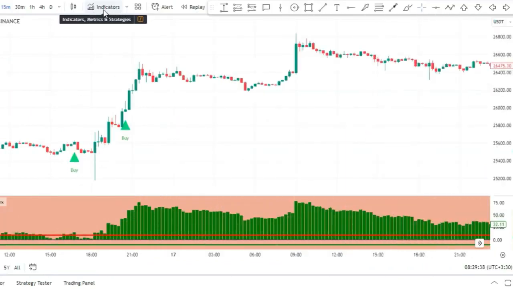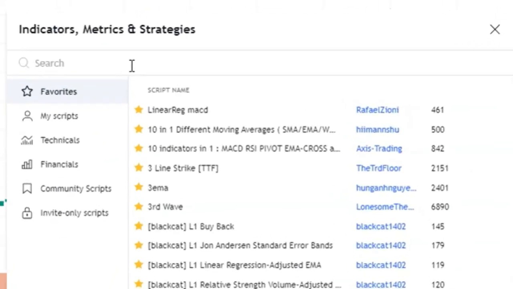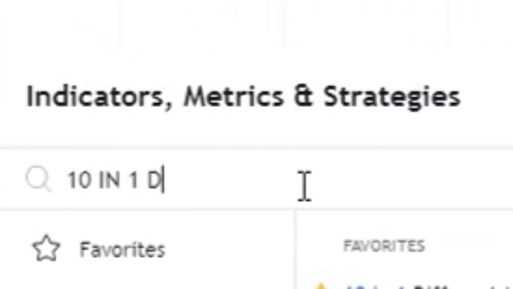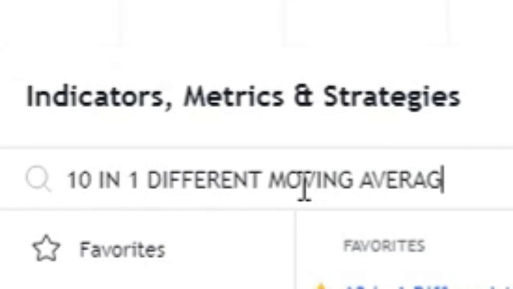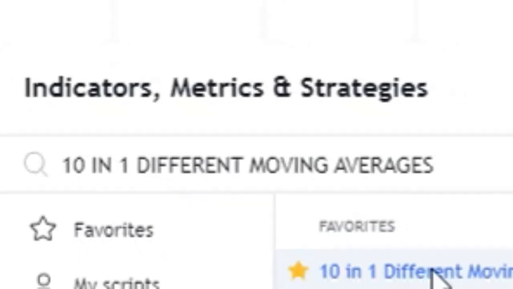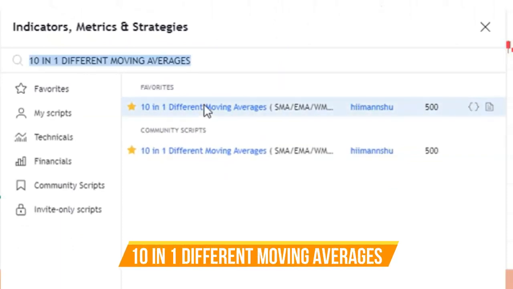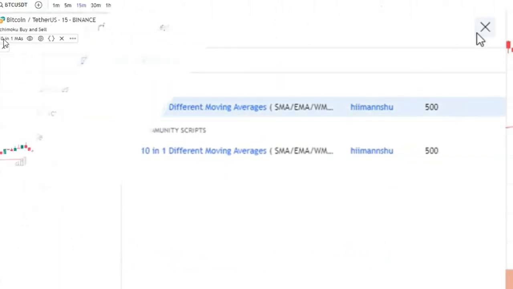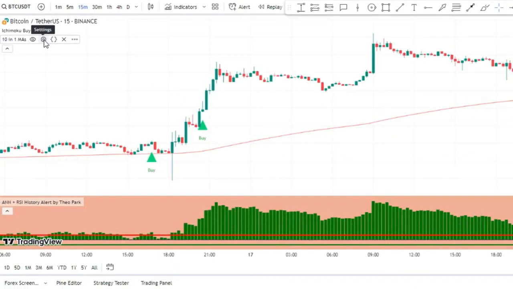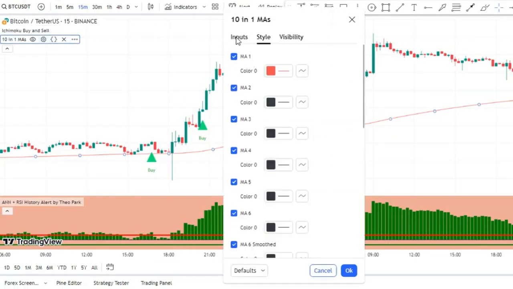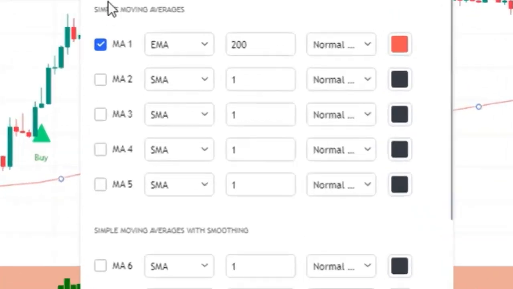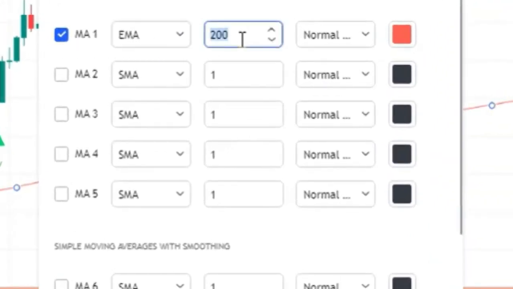And now to get a clear read on the market trend, we'll use 3 moving averages. So head over to the indicator section and search for 10 and 1 different moving averages and add that indicator to the strategy. Next, go to the indicator settings and Inputs tab. We'll do the following. Set MA1 to EMA with a period of 10.